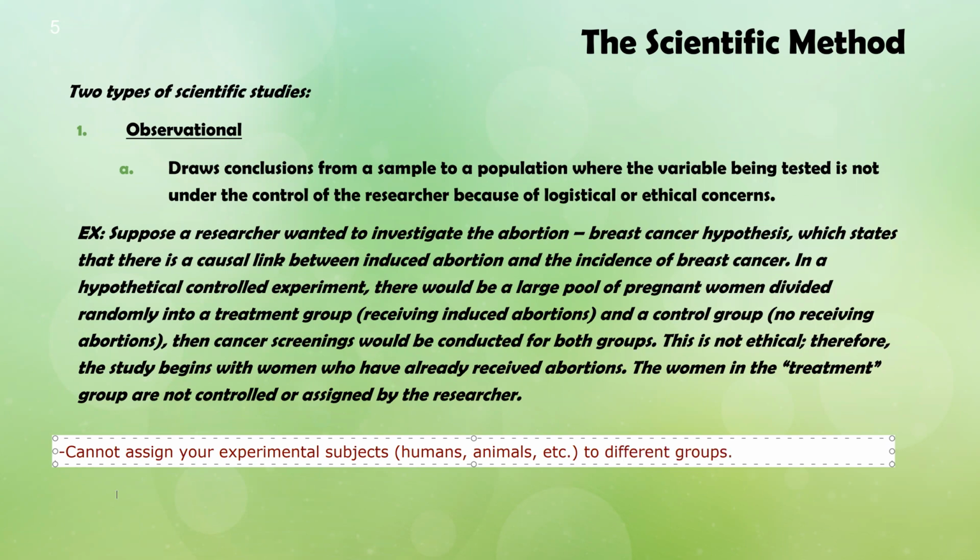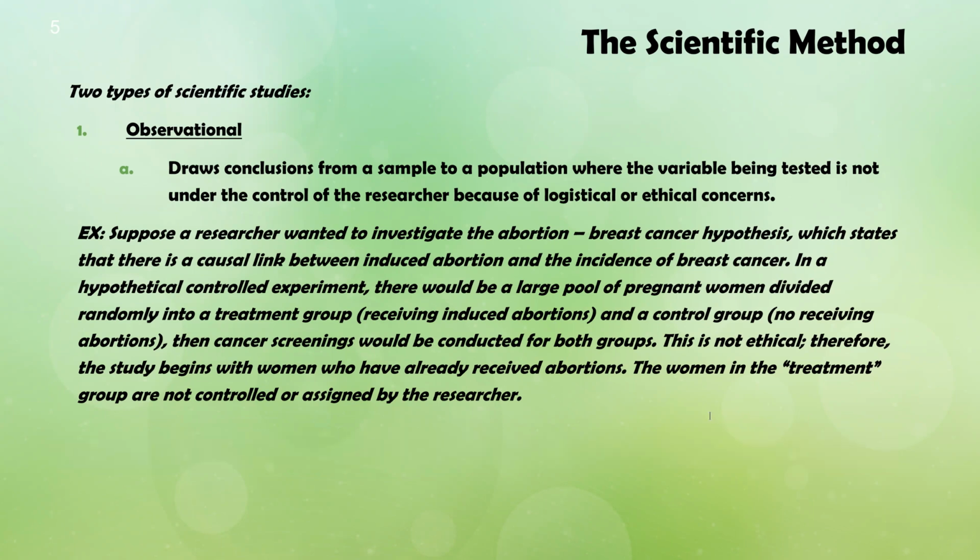And I'll explain what that means. I'm actually going to add a word here. Sorry about that. If you're writing this down, you cannot randomly assign your experimental subjects to different groups. So let's look at what that means. By the way, I'm going pretty fast as I write these things down. You just pause the video to get it all.